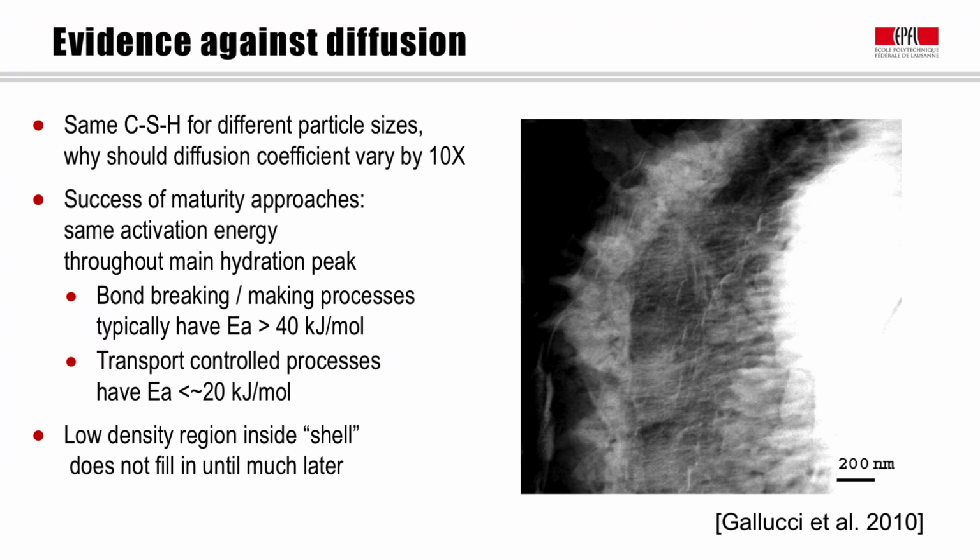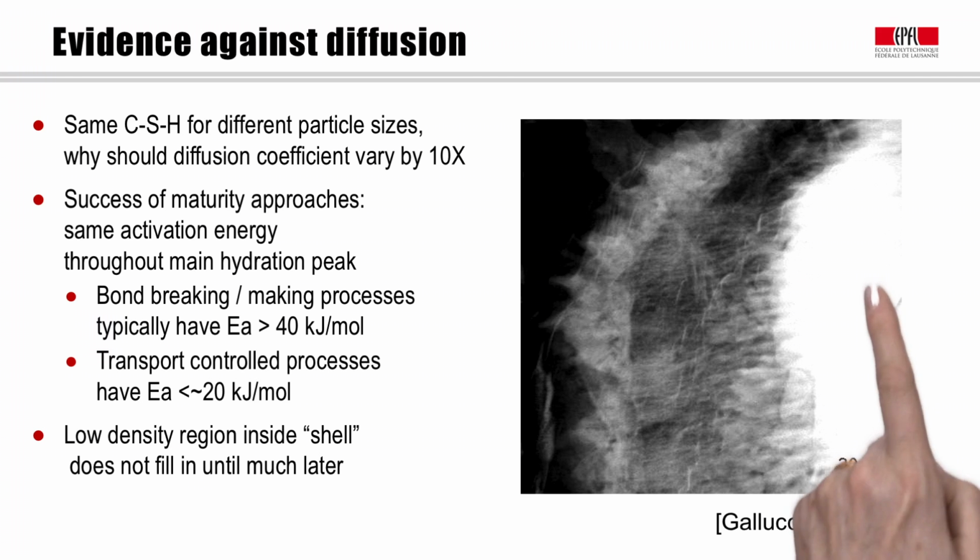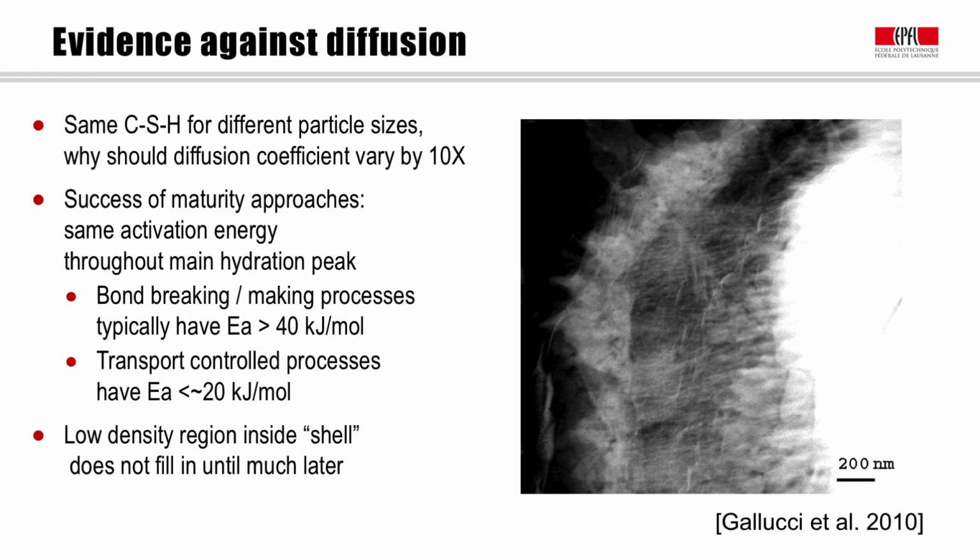And thirdly, if we look at a micrograph, this is taken at 1 day, so we're well past the heat peak here. And what we can see, this is our alite grain on the right here. This is our CSH forming. We have this kind of shell here, but we really cannot in any way defend that this shell is acting as a diffusion barrier.